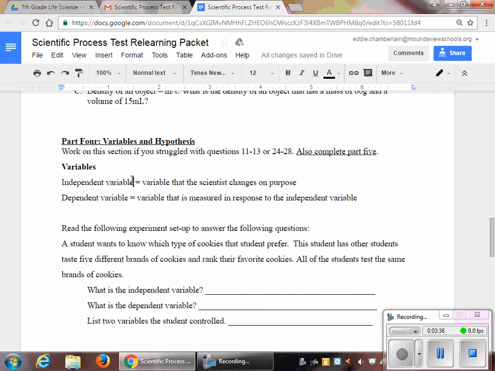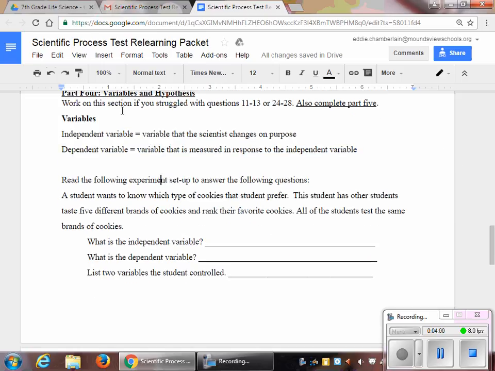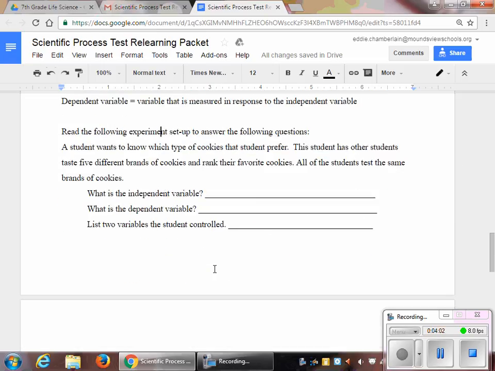So what you change on purpose for the dirty water lab is what you're going to clean it with. There was a bunch of things to use, but you might have decided that baking soda worked really well, or a filter might work really well. The dependent variable is what's going to change when you've made your decision. So in the case of our cleaning dirty water, what would change as a result of the lab is the water. Maybe it got cleaner, maybe it got dirtier. So use that information for this.